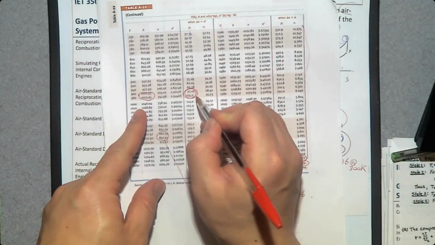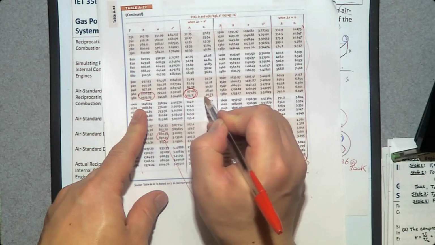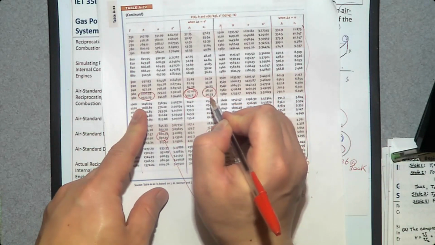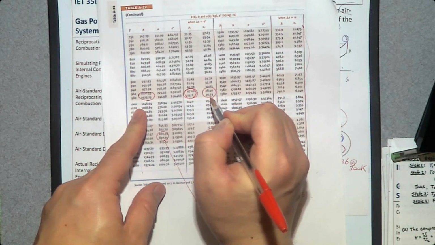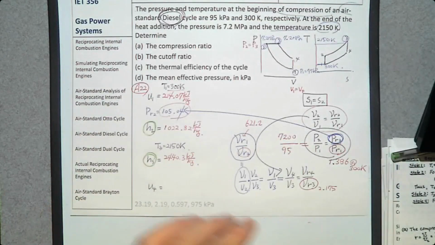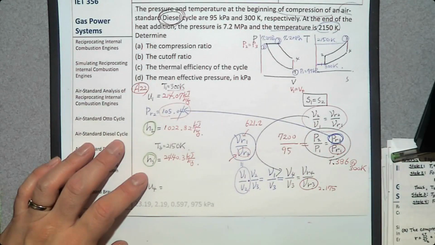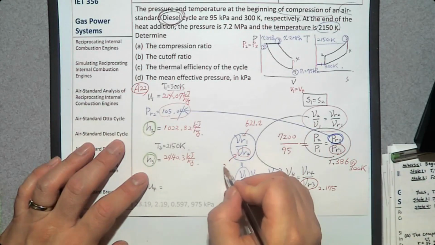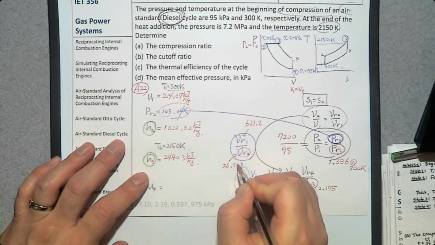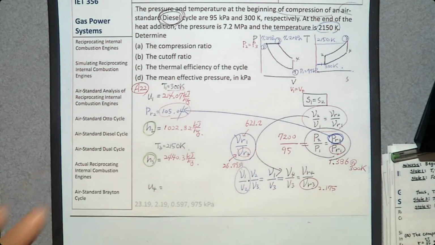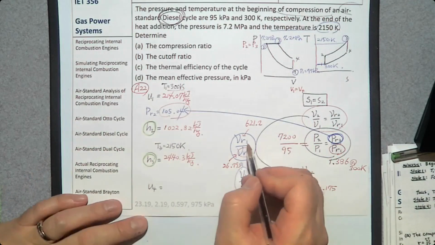Between these two numbers. Can you find VR2? Yes, between these two numbers. How? Another linear interpolation, unfortunately, right? So VR2 is what? 26.793. So finding V1 over V2 is not a problem.